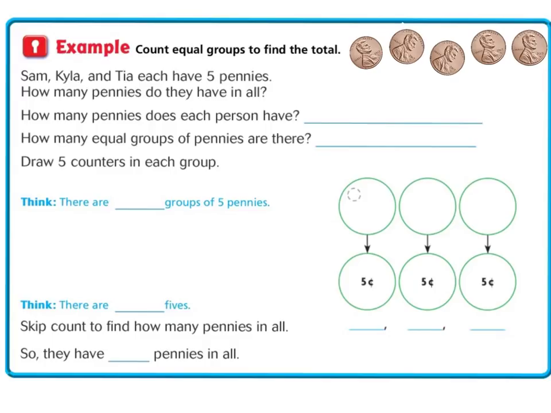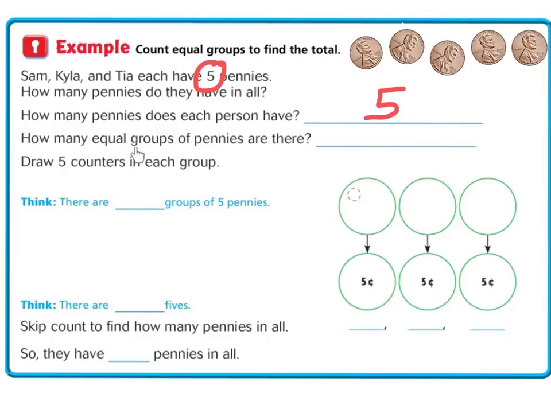Let's take a look at another example. Sam, Kyla, and Tia each have 5 pennies. How many pennies do they have in all? How many pennies does each person have? In the problem, it tells me that each person has 5 pennies.